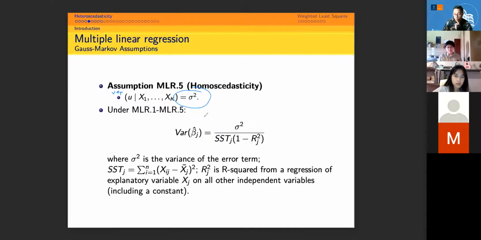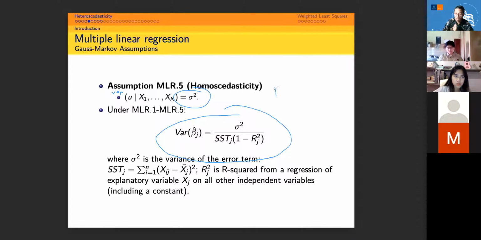So what are the consequences of fulfilling the first, second, third, fourth, and fifth assumptions? If you fulfill the first five assumptions, then the square root of this variance is the unbiased estimate of the standard error. The standard error is used to conduct hypothesis testing.